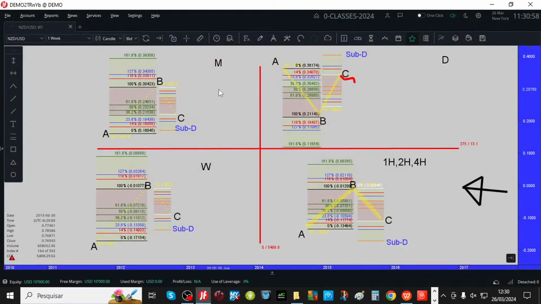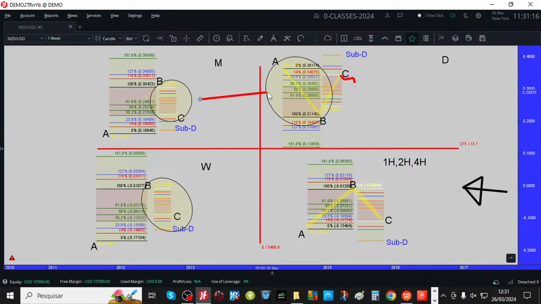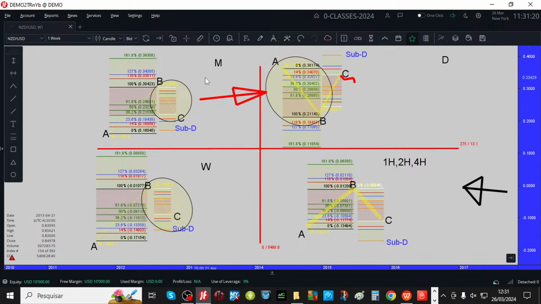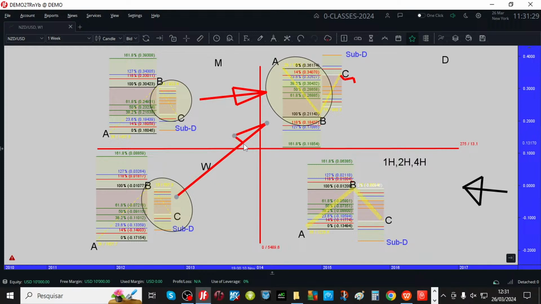Listen to this. It's possible that the contrarian Fibonacci on the larger time frame equals the original Fibonacci on the smaller time frame. Isn't this what's happening, everybody? Look at the circle.